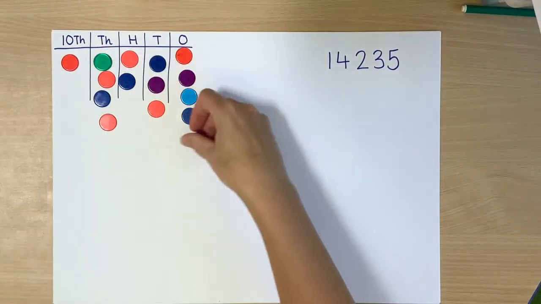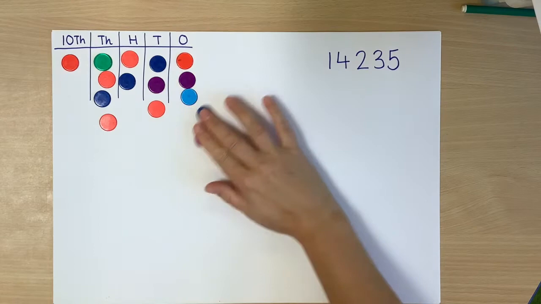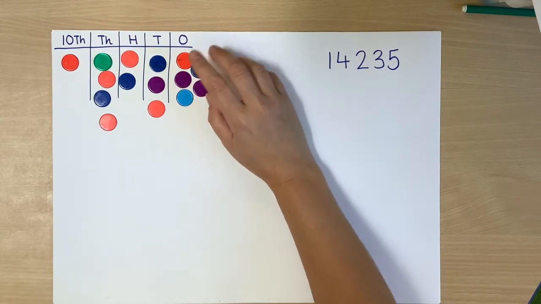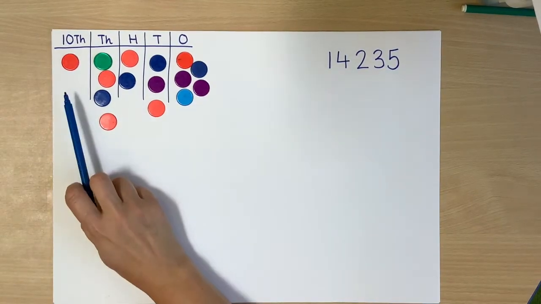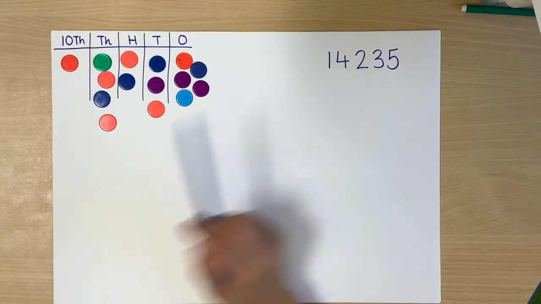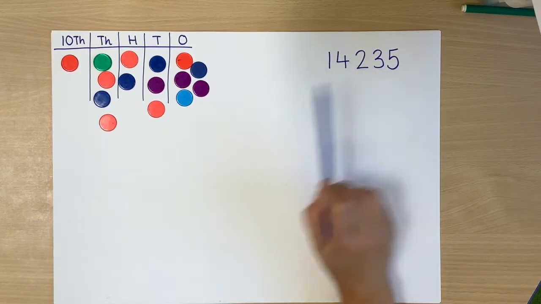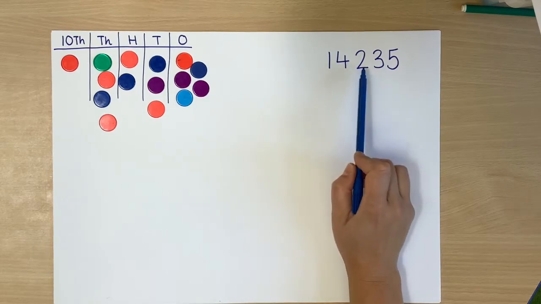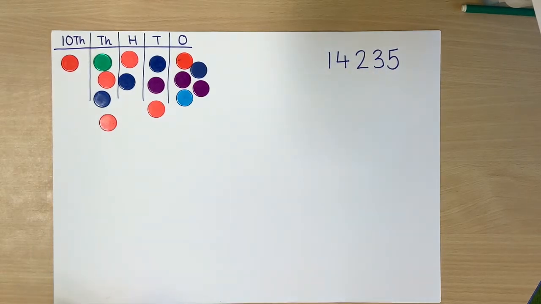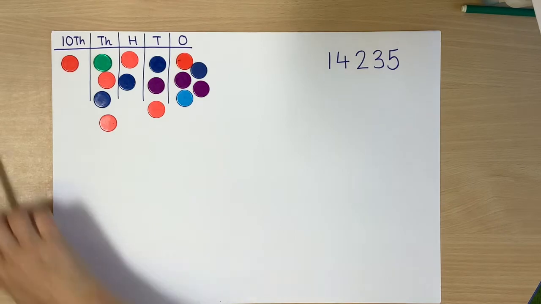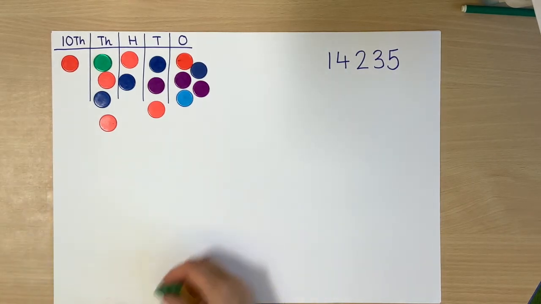Okay, so I could represent my number in a place value grid like that. This number is 14,235. 14,235.